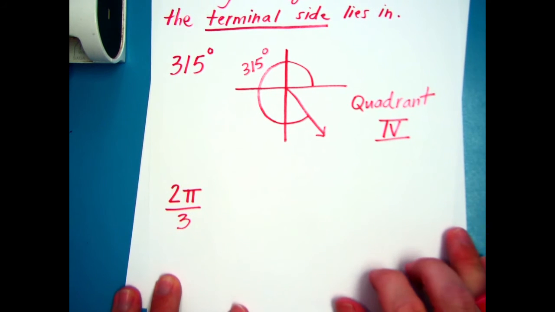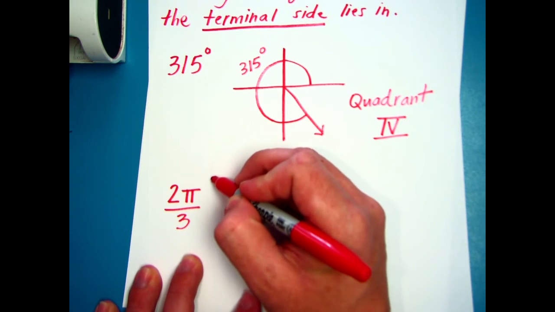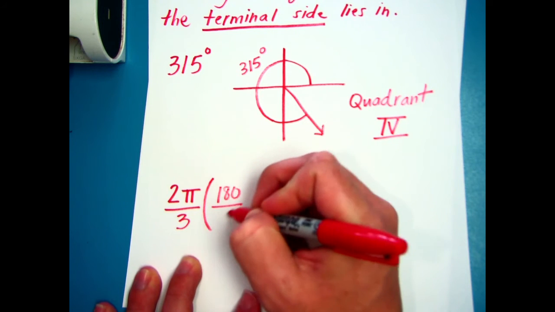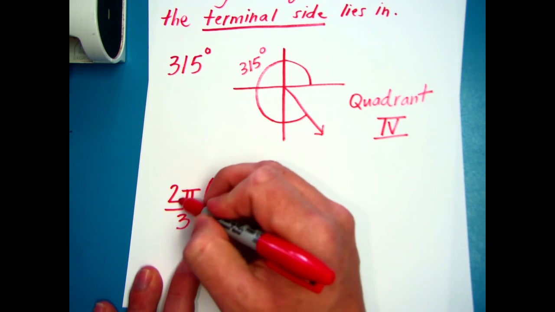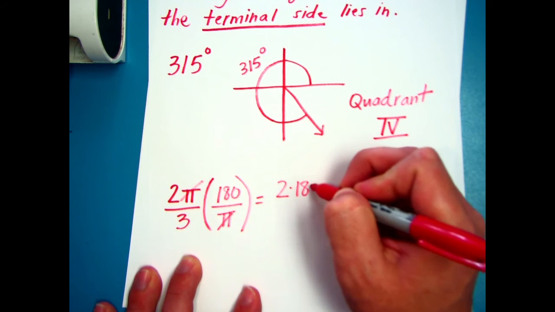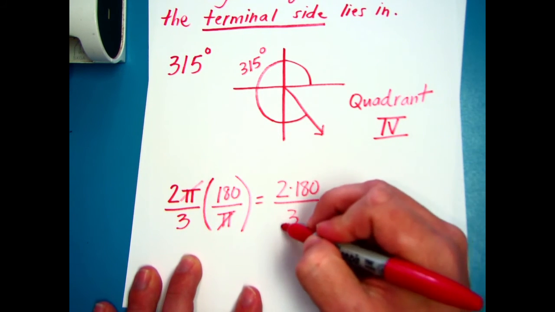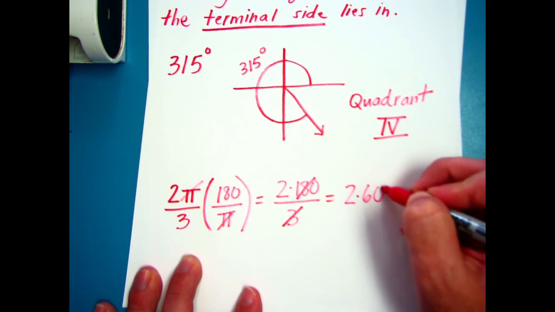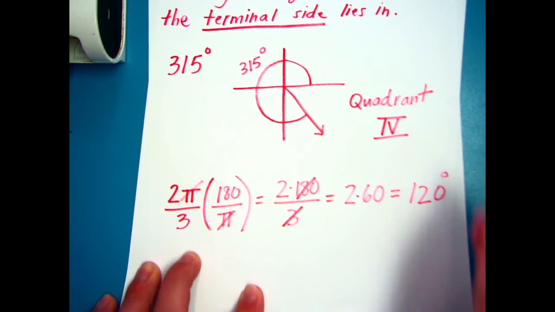Next problem, 2 pi over 3 radians. So this is not in degrees. If we're going to draw this, we would want to convert to degrees first. In a previous video of mine, you can refresh how to convert from radians to degrees. Here I am converting radians to degrees. So 2 pi over 3 radians is equal to 120 degrees.